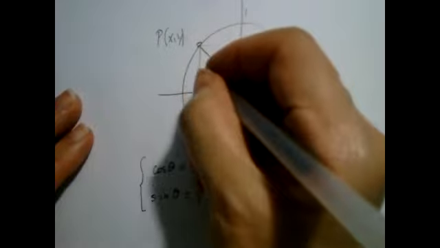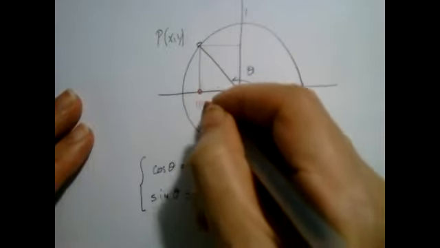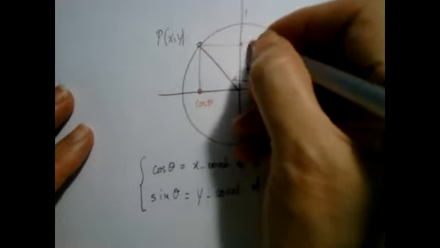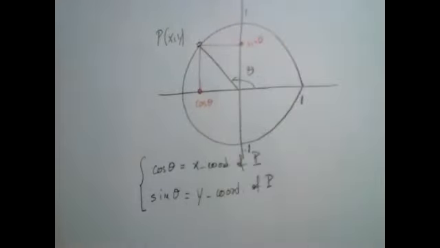The cosine is the x coordinate. That's the definition. And the sine is the y coordinate. That's the definition for sine and cosine, what we call the unit circle definition. That's what it is. We have no other definition.